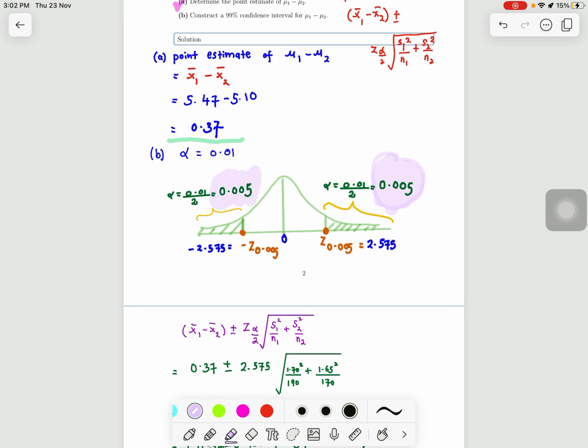So it's up to you whether you want to refer to the positive table or negative table for the Z distribution, but for me I prefer the negative table because we don't have to take 1 minus the area. Alright, so 0.005, we refer to the table.